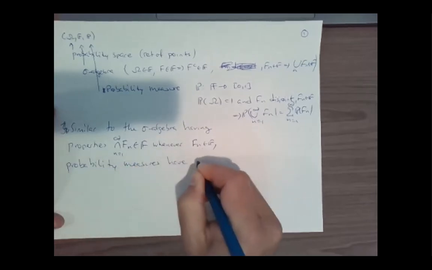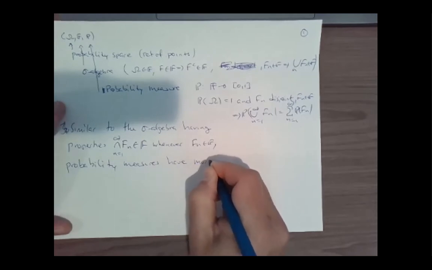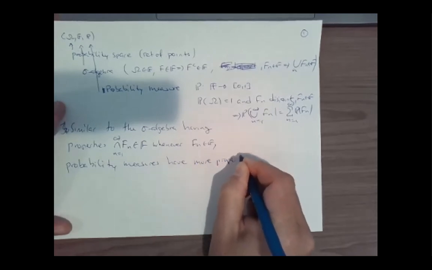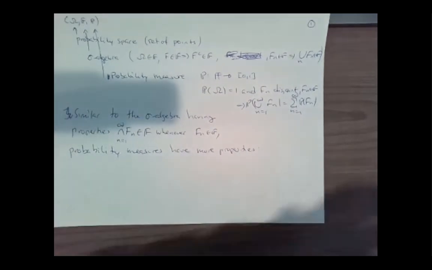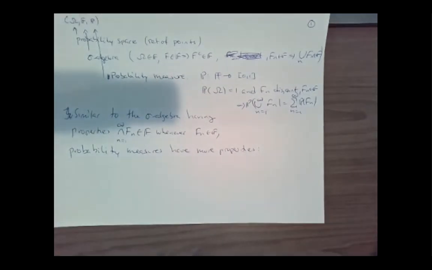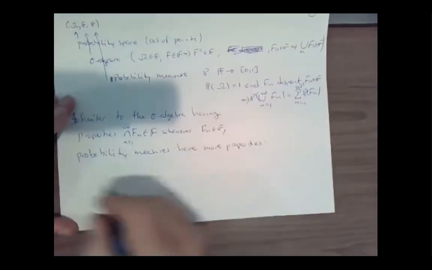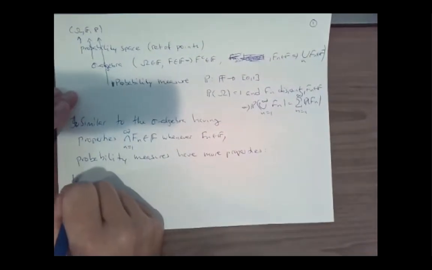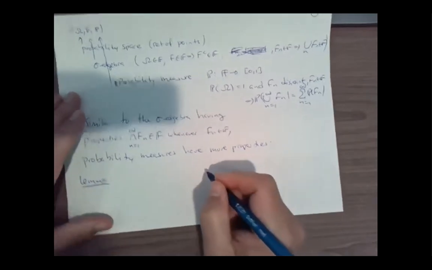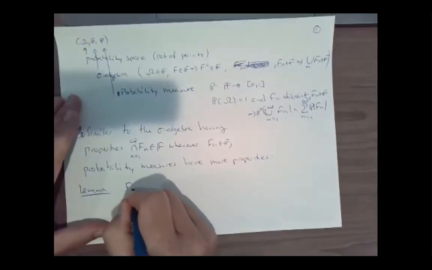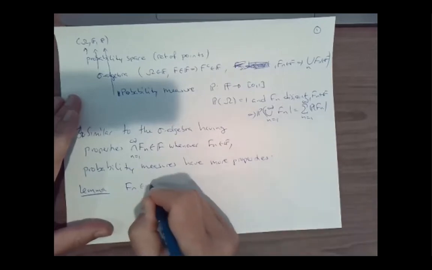Probability measures have more properties. So let me look at one that we're going to be using. For example, we call this a little lemma. If I take Fn, so they need to be measurable.